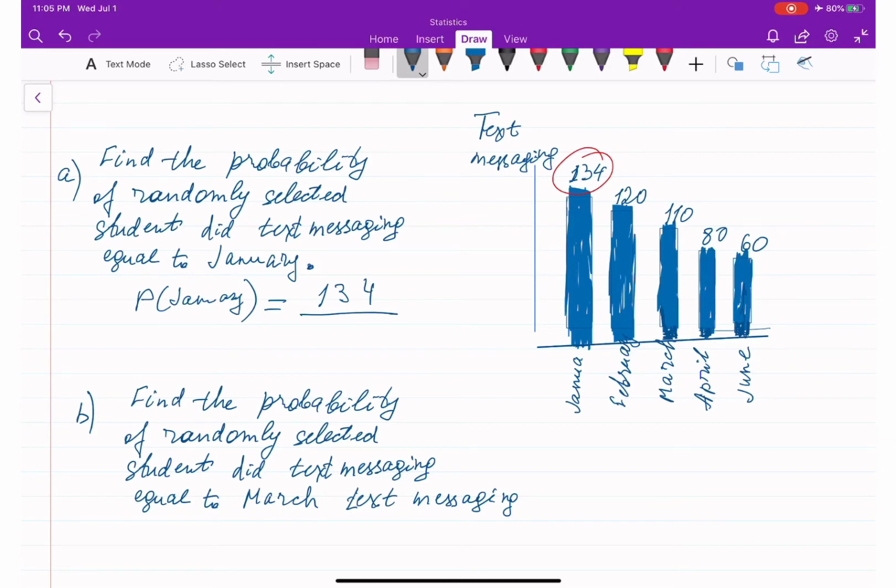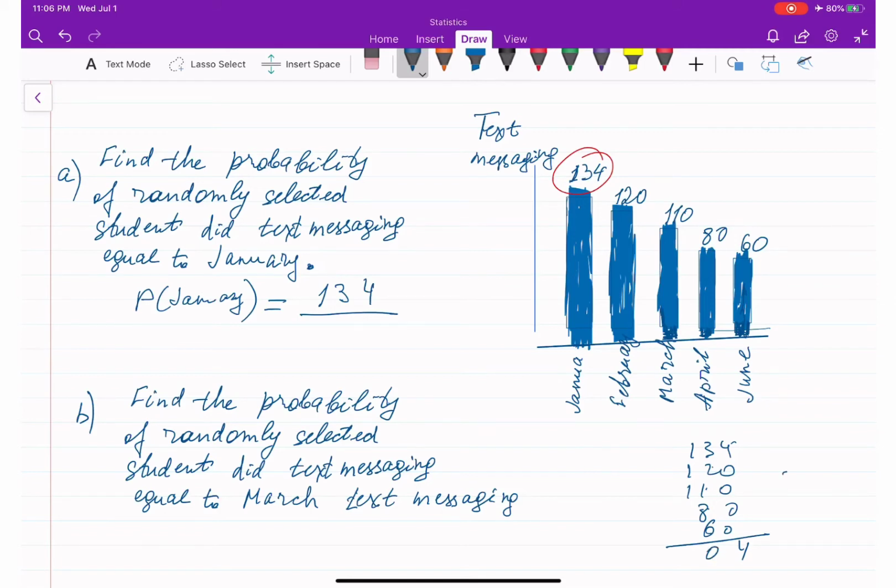If I add them up, it's going to be 134 plus, well, I can do it here. 134, 120, 110, 80, and 60. So what do we have? 4, 5, 6, 14, 20.